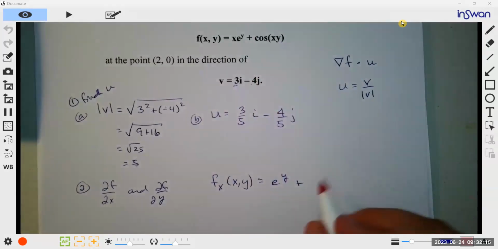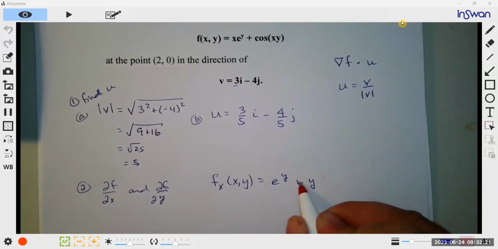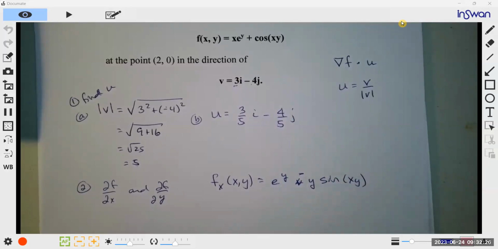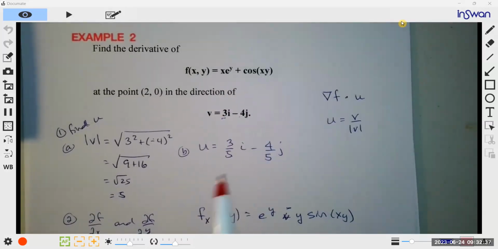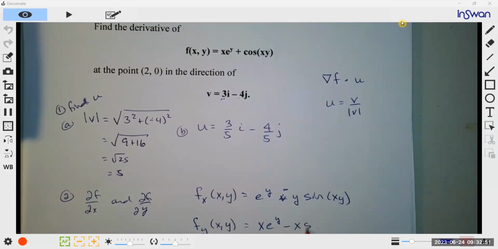Derivative of the inside, x times y, is y, times negative sine, negative sign. So that changes. And then we do the same thing with y. Partial with respect to y, derivative of e to the y is e to the y, so it's x e to the y. Same thing there, but instead of y, we have x. We have negative x sine xy.